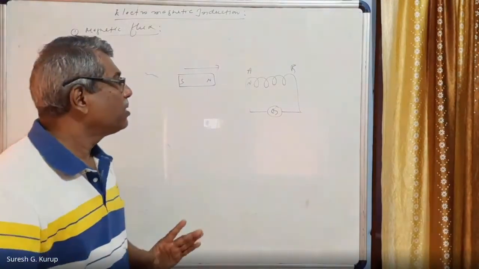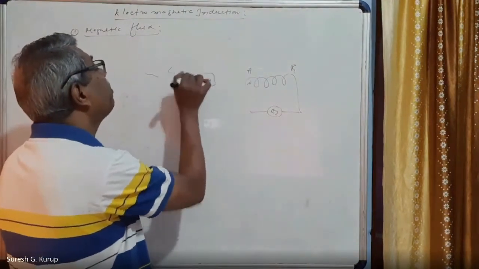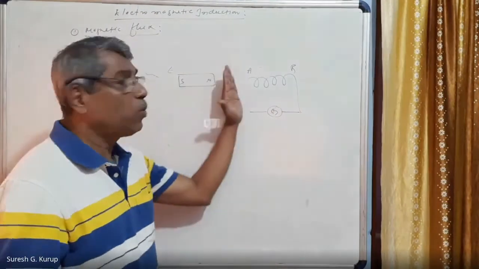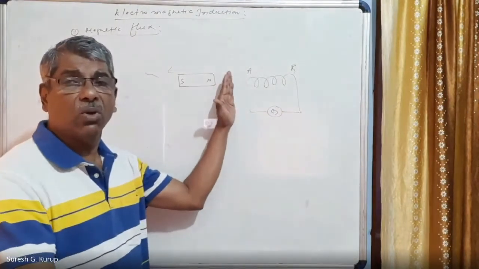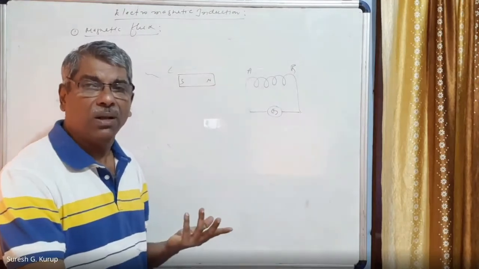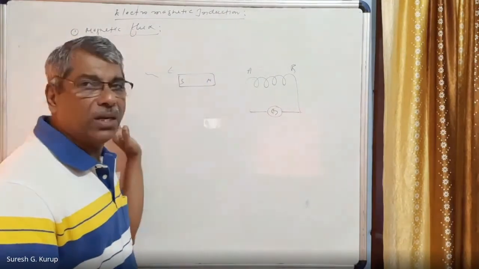This is the situation. Suppose that this magnet is taken away from the coil. Then what happens? Already the magnet was quite near to this coil, and the magnetic flux linked to the coil was maximum. All of a sudden the magnet is taken away from this.